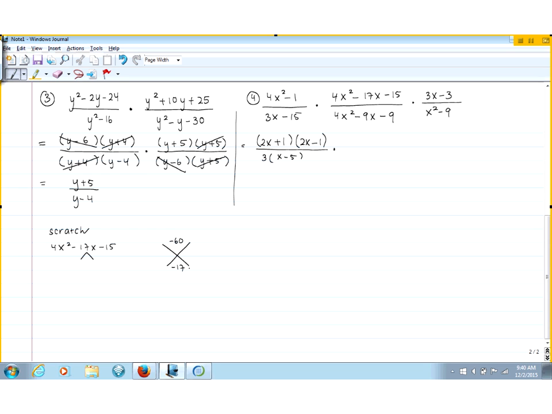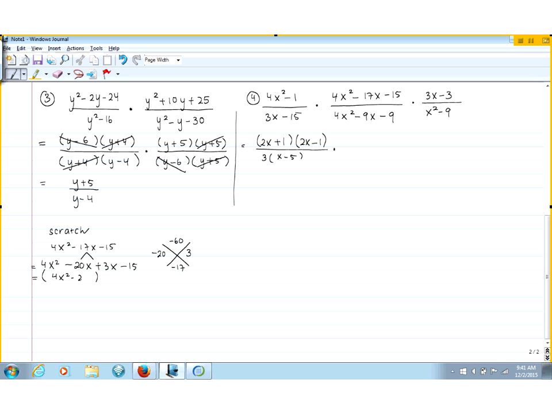Do we have the numbers? 20 and 3. Negative 20x plus 3x. So we split up the middle, negative 17x, into negative 20x plus 3x, with 4x squared and minus 15.